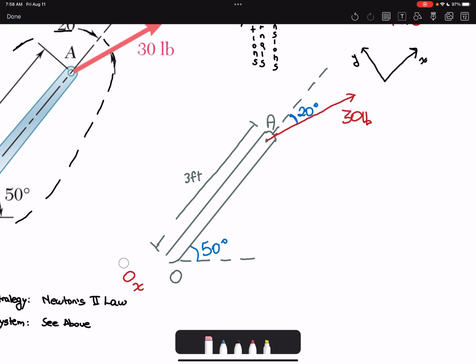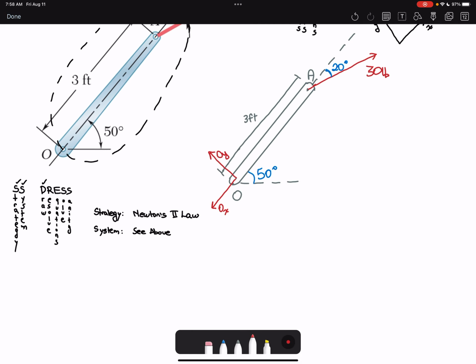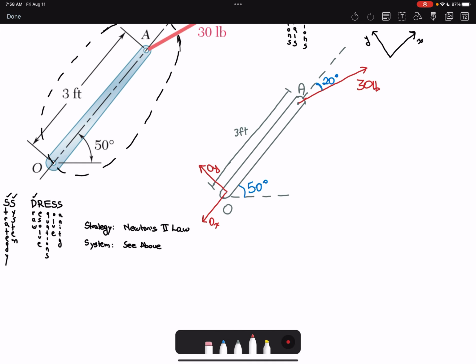So bear with me for a second. I'm going to have to change these, and there's going to be one this way, OX, and an OY, right? So now I can resolve this component by just doing this.